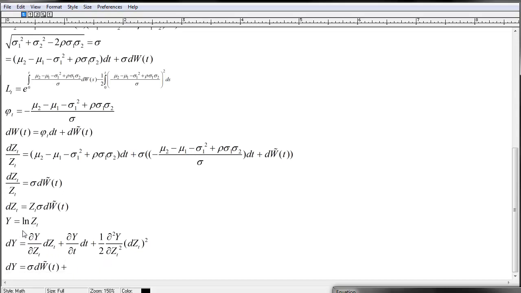I forgot to say that we keep t constant, so this one is also 0.